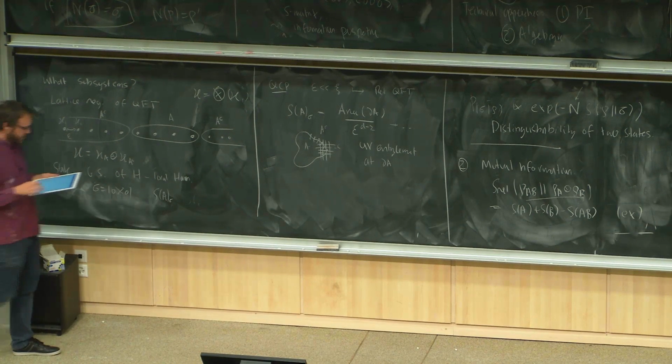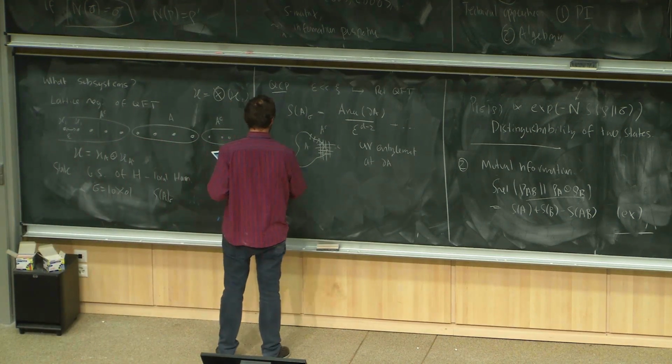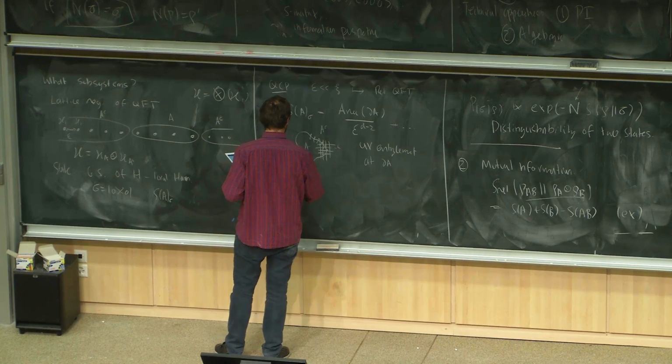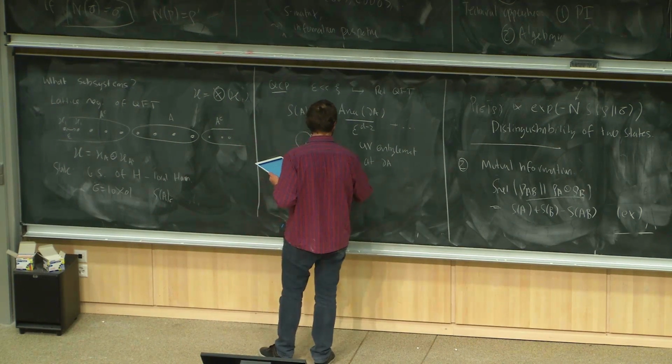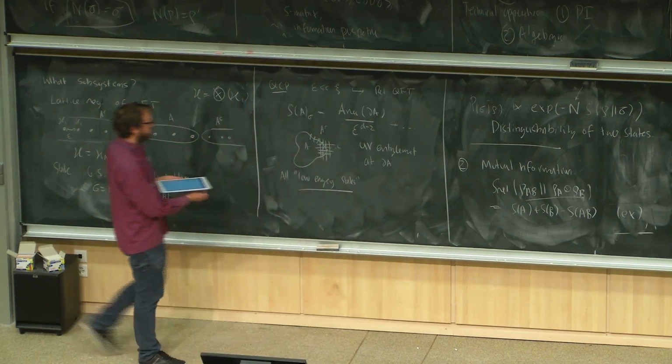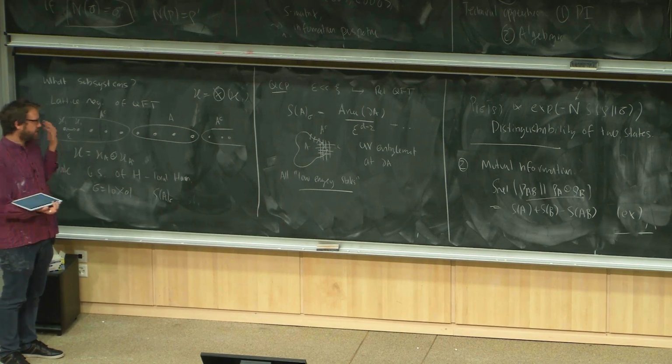Okay, now it turns out that you can argue that actually all low energy states, which is really what we mean by the continuum. So when we take the continuum limit, we have to pick a special class of states. We can't just pick any state.